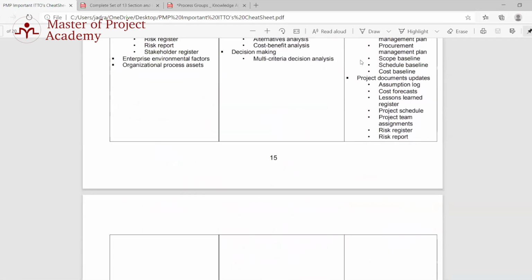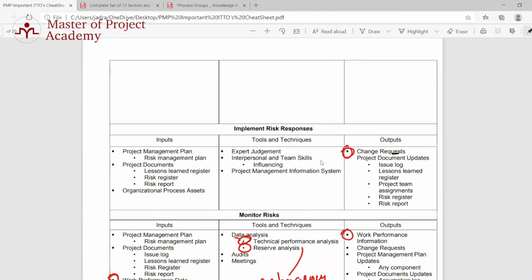Implement risk responses. So when we implement the risk response, based on that response, we determine that actually we need to change the plan. For example, we buy those 10 AC units, and that's how we respond to the risk of humidity, right?